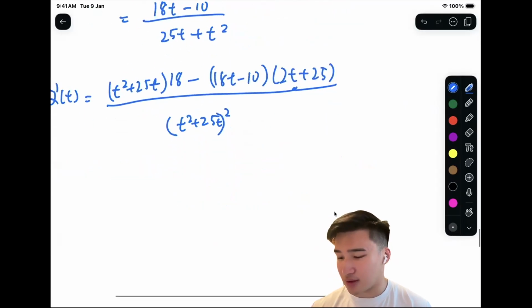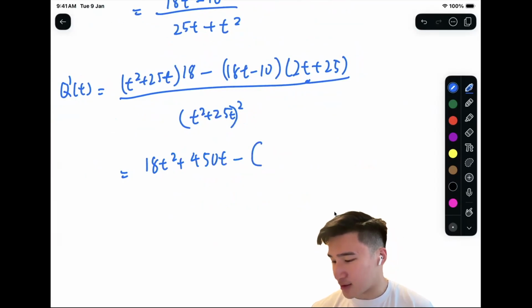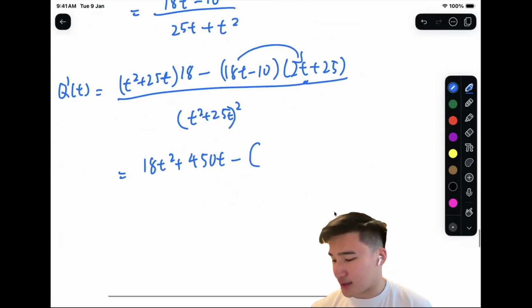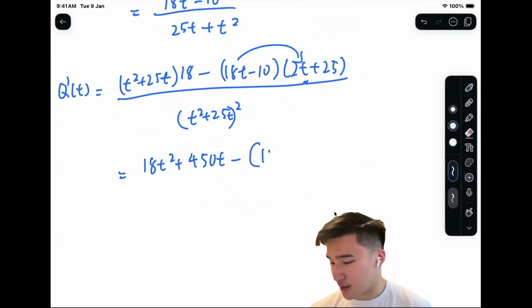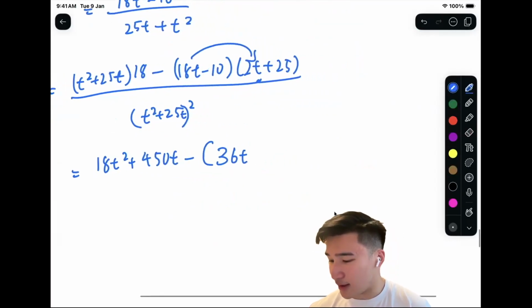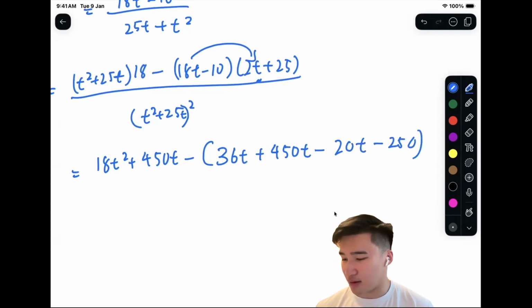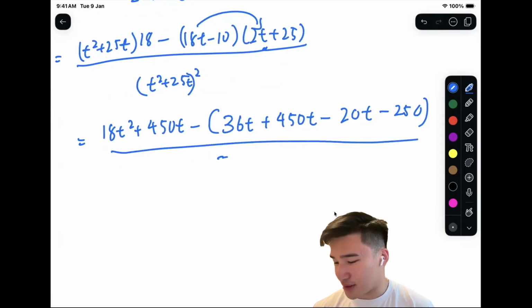Okay, so we have 18T squared plus 450T minus the entire thing. 18T times 2T is 36T squared, then plus 450T, and then negative 20T, and then minus 250.